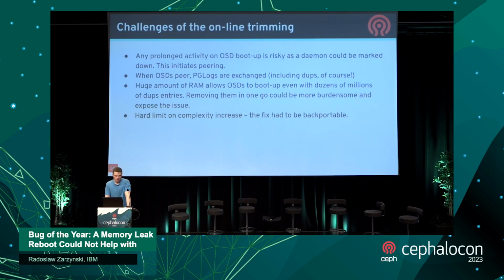Online trimming, the ultimate fix. We want to trim all those junk entries, but it's problematic. Try to imagine upgrading a cluster that hiddenly accumulated tons of those entries. You cannot reliably remove all of them in one simple go. You would very likely hit problems with RocksDB, with BlueStore, with many other places.